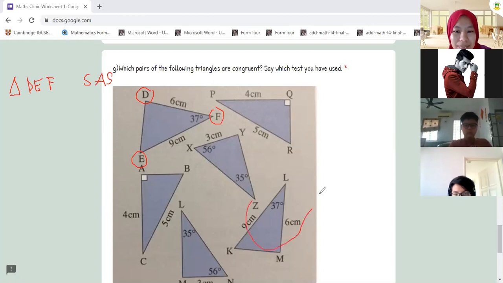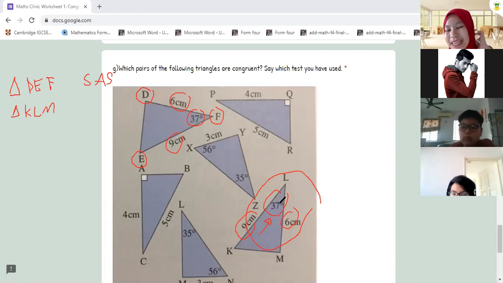But look at the information. Are they having the same value? Triangle KLM also provides you with SAS information. So what you need to do is compare their values. Are you having 6 cm? Yes, it is. Are you having 37 degree, the included angle? Yes, it is. Are you having 9 cm? Yes, it is. So can you see this 37? Can you tell that this 37 is an included angle?